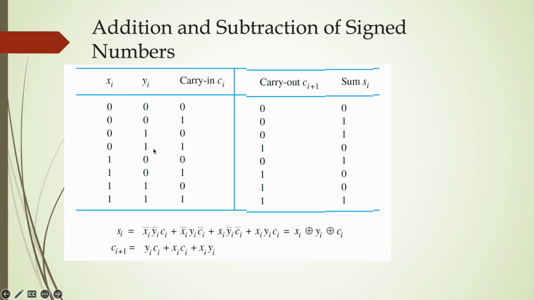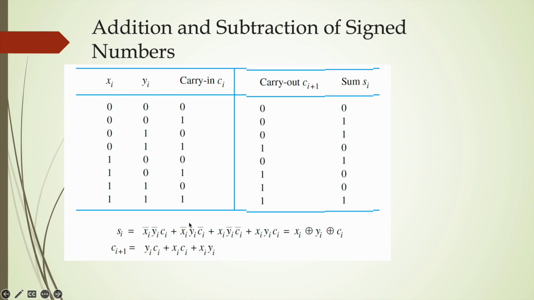For 0 plus 1 plus 1, the sum will be 1 0, so 0 comes here, carry bit will be 1. For 1 0 0, the sum will be 1, carry will be 0. And for 1 1 0, the sum will be 0 and carry will be 1. In a similar way, for a triple 1, the sum will be 1, carry will be 1.